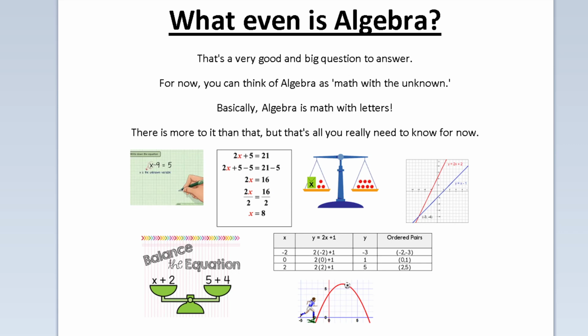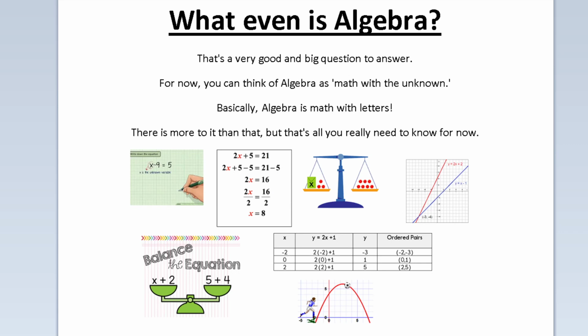Okay, so first off, what even is algebra? You see that written on the screen, and it's probably something you've asked yourself before. Maybe you have some idea that it's when you start working with these letters. Maybe you've seen me use X before.